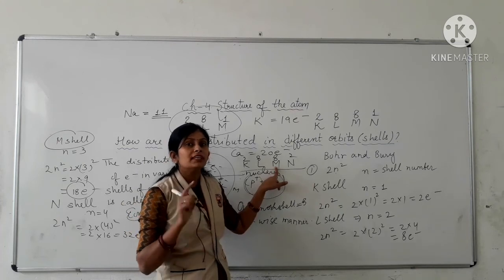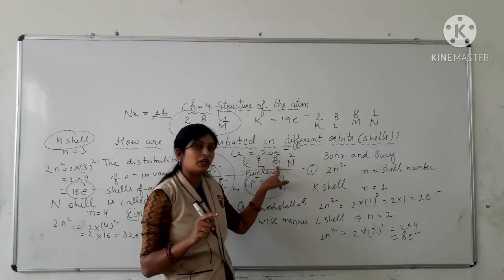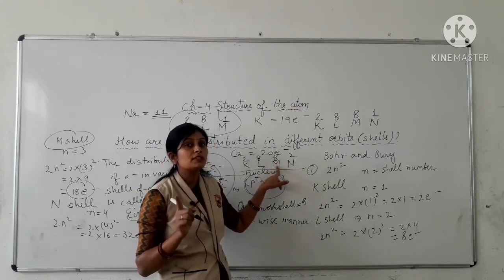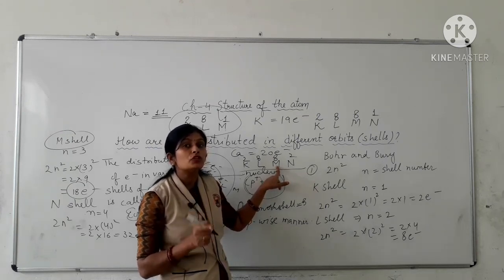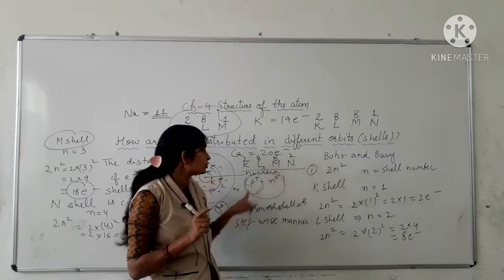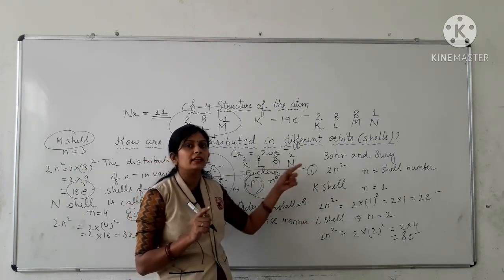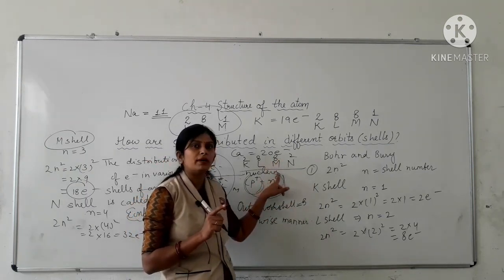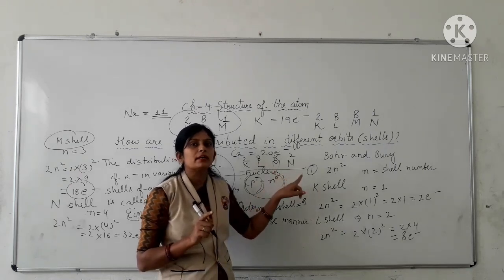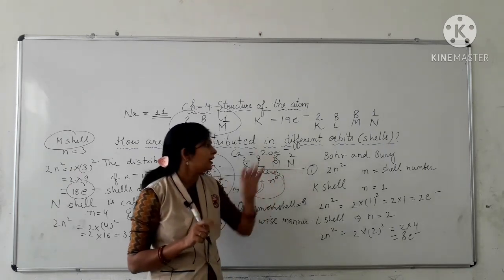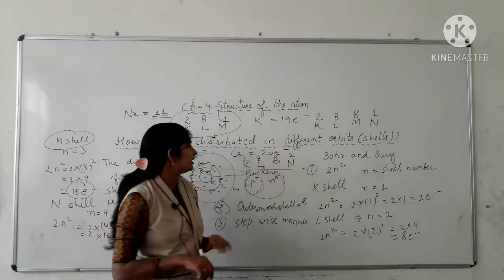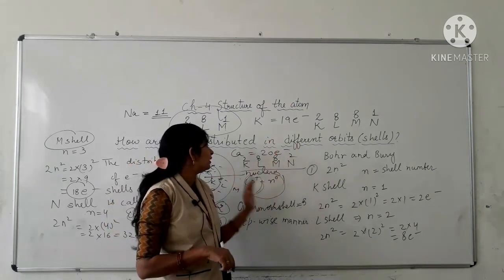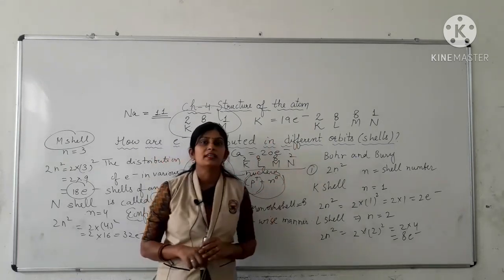If these 10 electrons are filled in M shell, that is not possible, because M is becoming the outermost shell, and being an outermost shell, it cannot accommodate more than 8 electrons. So only 8 electrons can be accommodated in it. Now 2 electrons are remaining, that will be in N shell. So this is the electronic configuration of calcium, that is 2, 8, 8, 2 in K, L, M, N shells respectively.